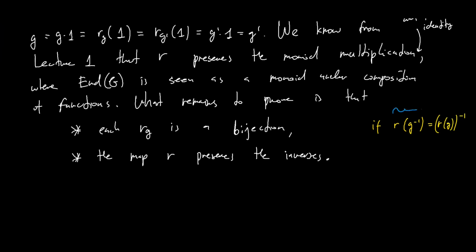This equality establishes that R preserves inverses, specifically of G. But if this is true, then each R of G will be a bijection, because it will mean that it has an inverse, and if it has an inverse, then it's a bijection.